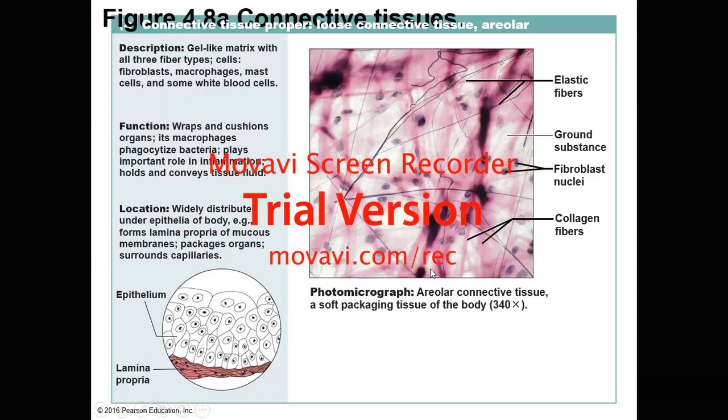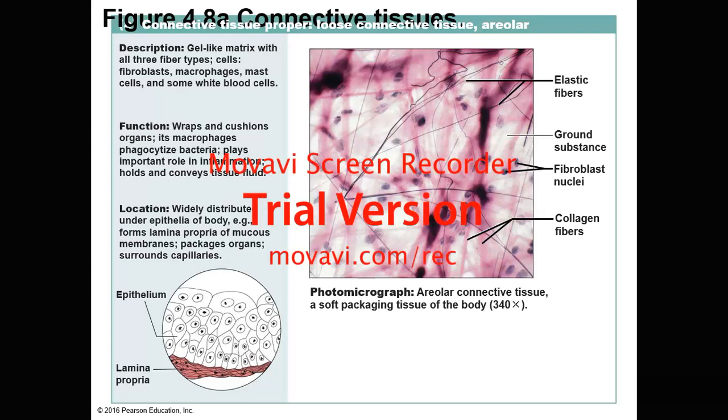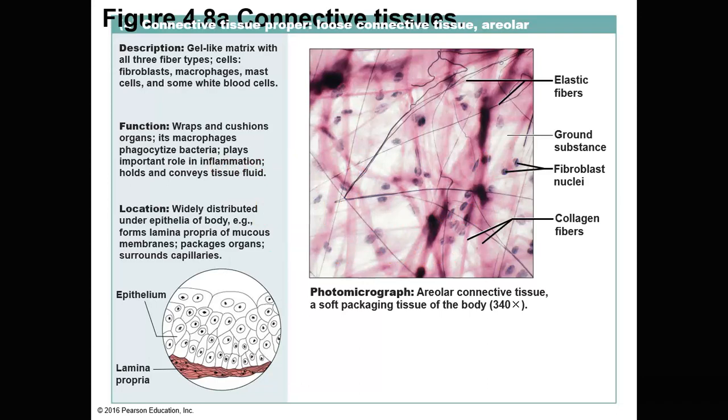They don't have it labeled in this diagram, but remember, connective tissue proper has all three fiber types. And areolar connective tissue is a loose connective tissue proper. So all three cell types: fibroblasts, macrophages, mast cells. Remember, mast cells are involved in your allergies, have histamine, and some white blood cells.